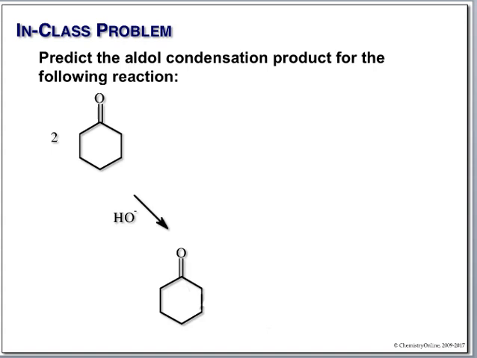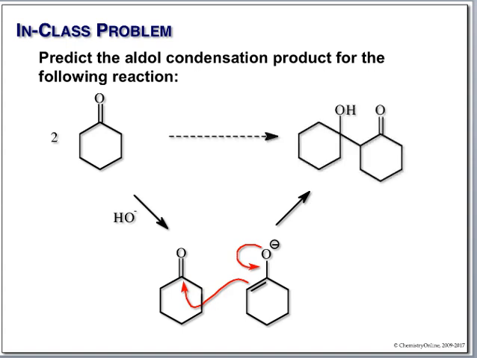Here's our second mole of cyclohexanone. Here's our enolate anion. The alpha carbon will attack the carbonyl, and this will become an OH. Pick up the proton. And that's our product. This is one cyclohexanone, and this is the other.